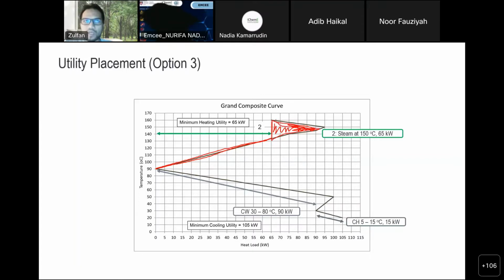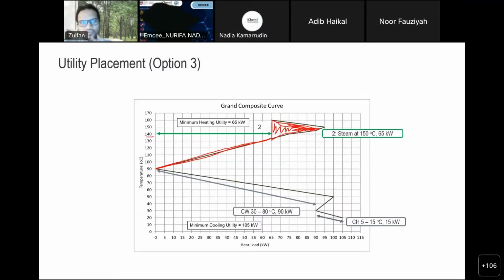We don't need any additional extra utility. The additional utility can be supplied from this point to there. If we take for example 150 degrees C of steam, put it on the graph at 140, then instead of 170 steam we can use the 150 degrees steam.